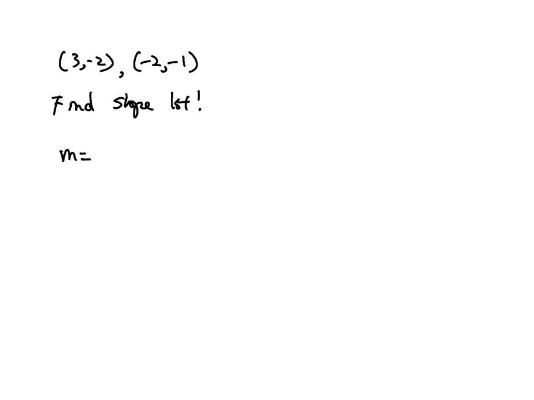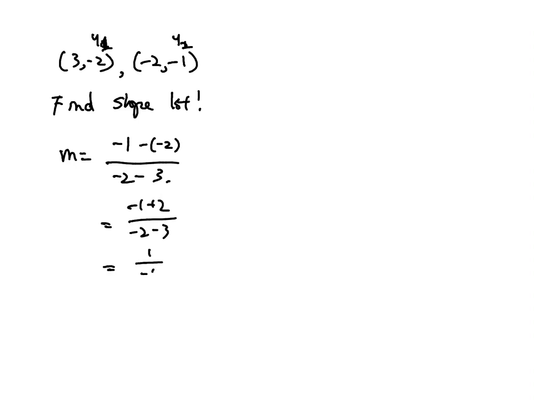Slope equals negative 1 minus negative 2, y2 minus y1, over negative 2 minus 3. So we end up getting negative 1 plus 2 over negative 2 minus 3, which is 1 over negative 5.